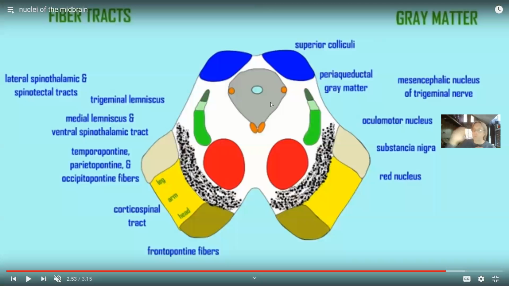So depending on where you cut the brain, you would see superior colliculi of the midbrain where visual reflexes and information are processed, the inferior colliculi where auditory information is processed, the substantia nigra, which gives so many involuntary commands to muscle.